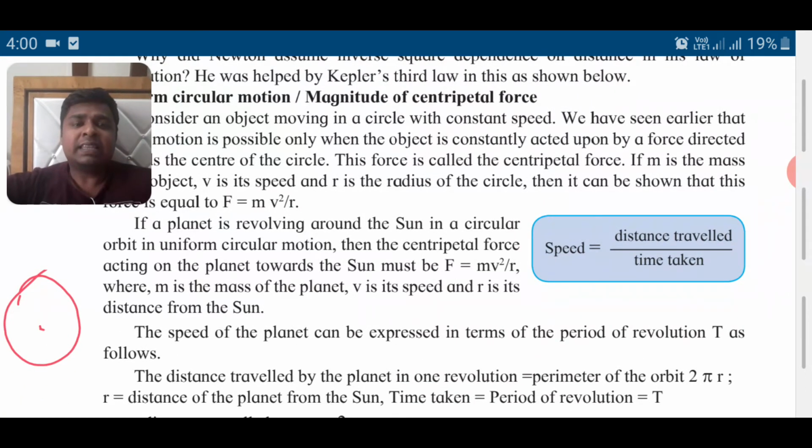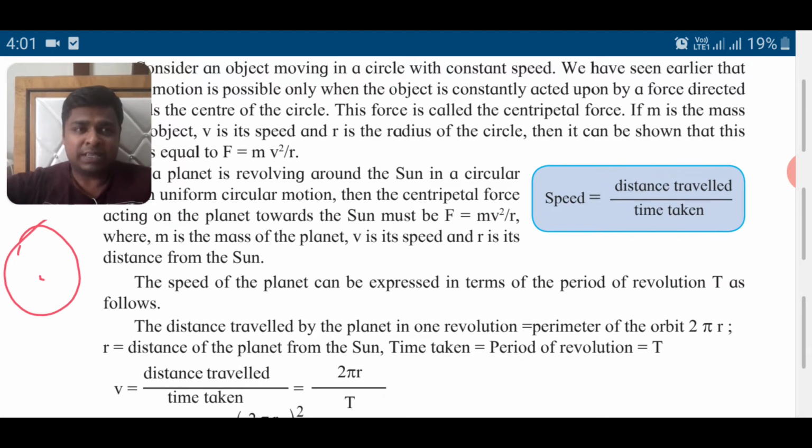Now consider that the planet is moving around the sun in a circular orbit. Then F = mv²/r. F means gravitational force, m is the mass of the object, v is the velocity, or here we take speed, and r is the average distance, not minimum, average distance, that is the radius of the path.